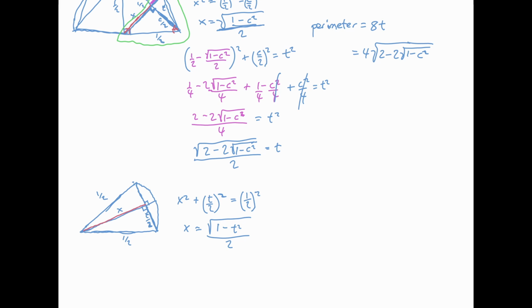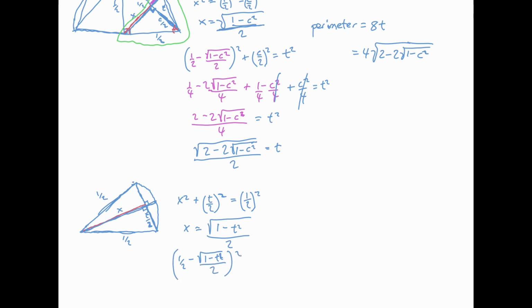And so if we take the 1/2, which is the length of that whole side, and which includes this side here, then we have 1/2 minus the square root of 1 minus t squared over 2.